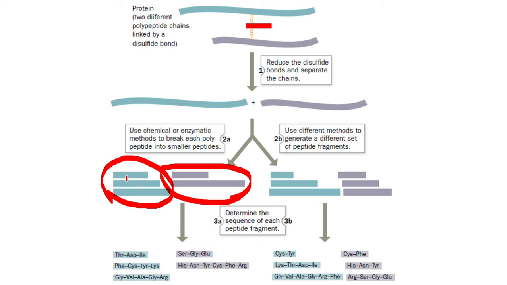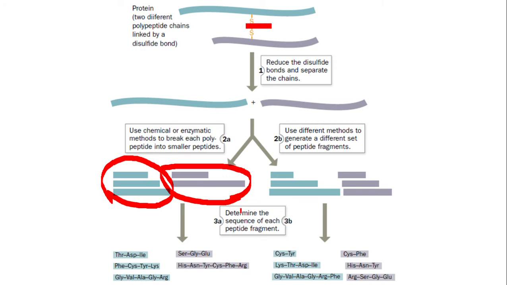Here the first oligopeptide is a tripeptide: threonine, aspartic acid, isoleucine. The second consists of phenylalanine, cysteine, tyrosine and lysine. The third consists of glycine, valine, alanine, glycine and arginine. Here the first one consists of serine, glycine and glutamic acid. The second one consists of histidine, asparagine, tyrosine, cysteine, phenylalanine and arginine.